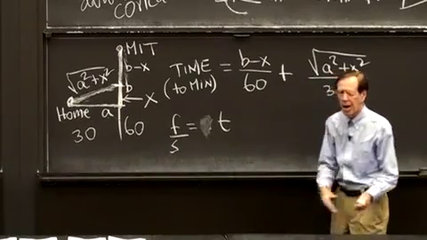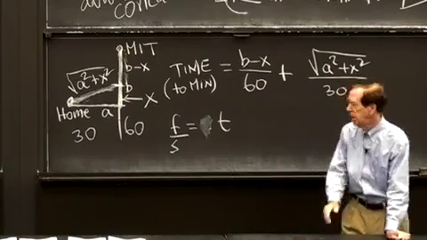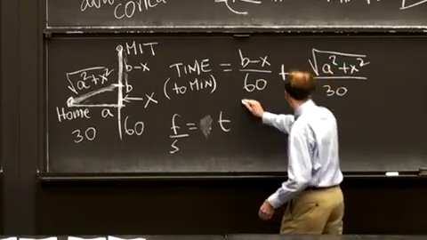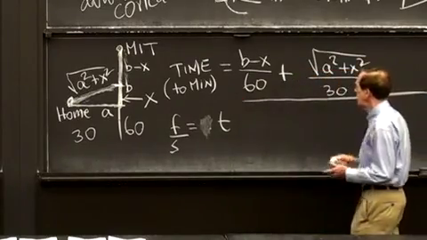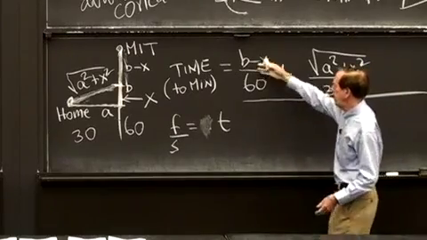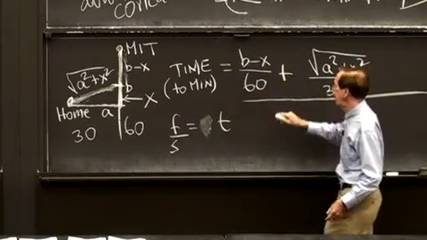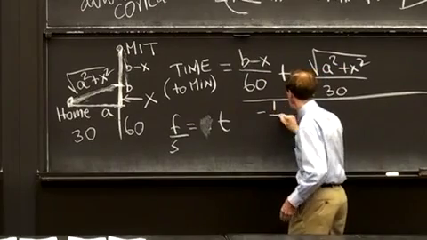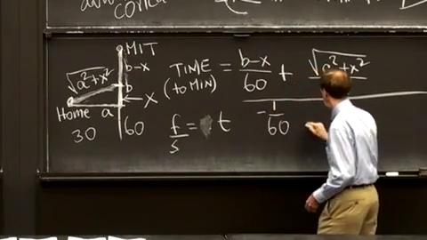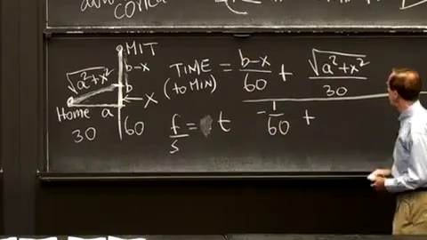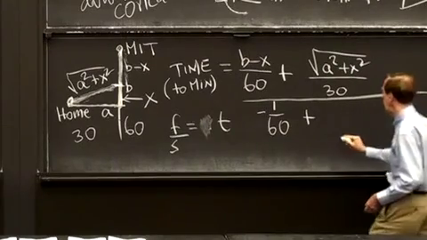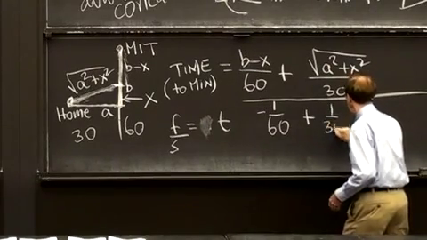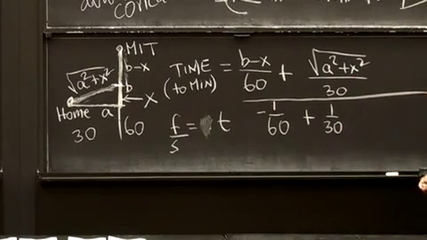So now this is where I use the formulas of calculus. So the derivative. Now I'm ready to write the derivative. And I'll set it to 0. So the derivative of that, b is a constant, so I have minus 1/60th. Is that okay? Plus whatever the derivative of this is. Well, I have a 30th. I always take the constant first. Now I have to deal with that expression.